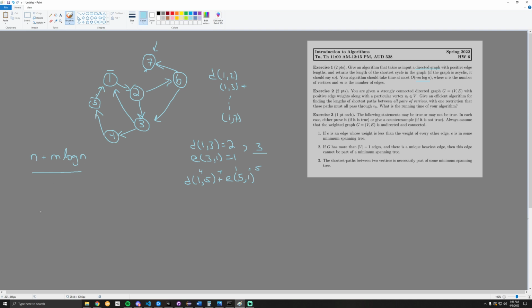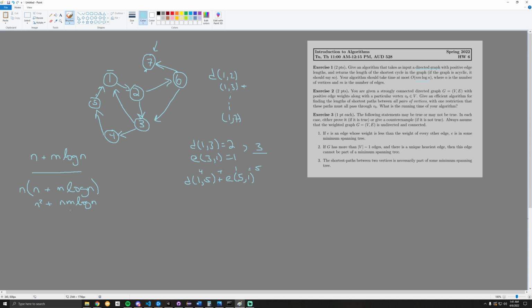That means that we could potentially have to do Dijkstra's a total of n times. We might have to do it for every vertex, which would end up giving us n times our runtime of Dijkstra's, giving us n squared plus n m log n.